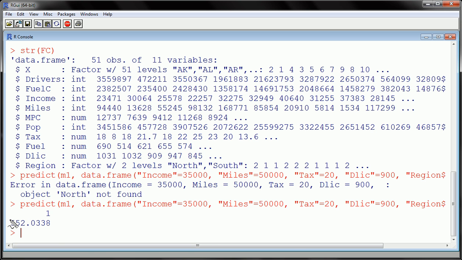Our algorithm predicts that the fuel consumption per person in that state will be 552 gallons per year. That's kind of interesting.